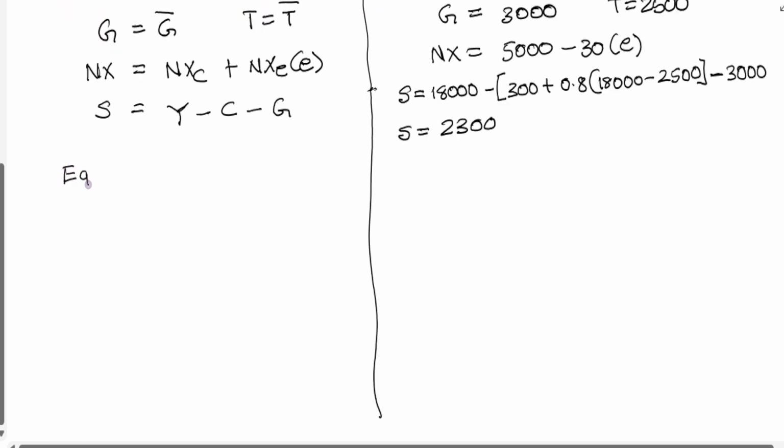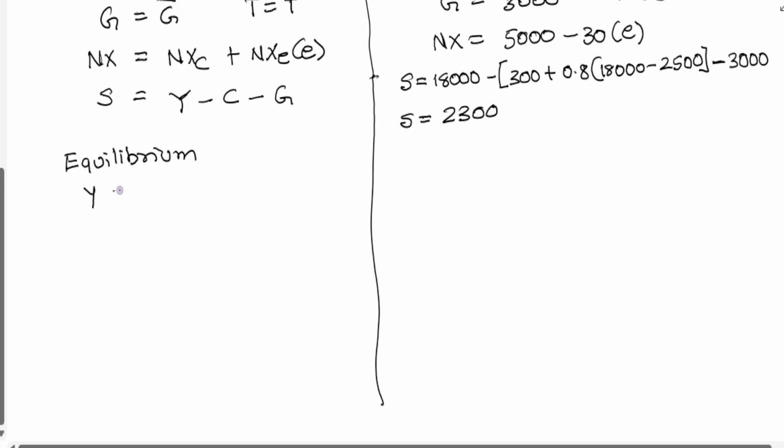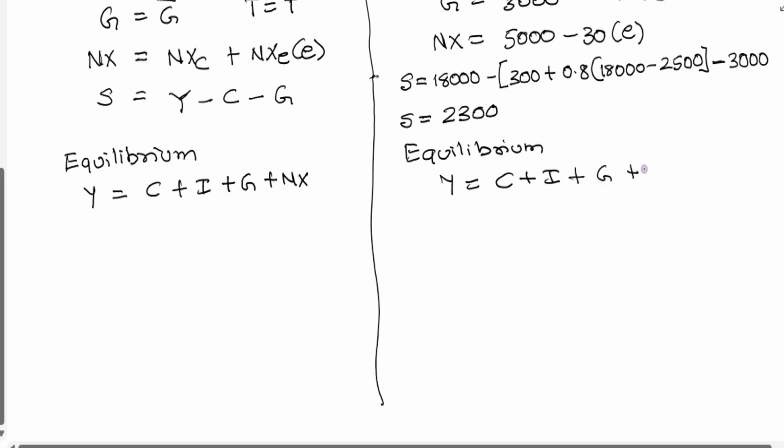In equilibrium, we know that the condition that needs to be satisfied is Y has to be equal to C plus I plus G plus NX. And of course, the same is the case in the numerical approach, whereby Y has to equal C plus I plus G plus NX.